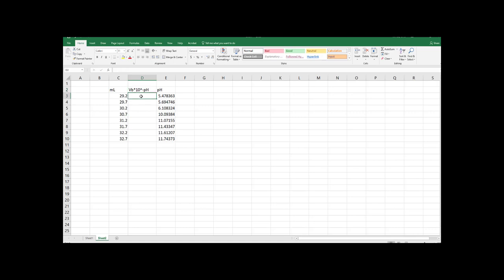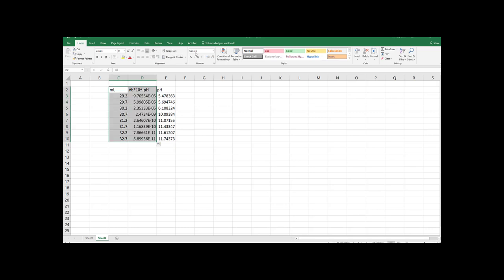Then what we're going to do is find where the line, because it's supposed to be a linear relationship between the milliliters and this column here, intersects the x-axis, which is the volume axis. And where it intersects the x-axis is the equivalence point volume.